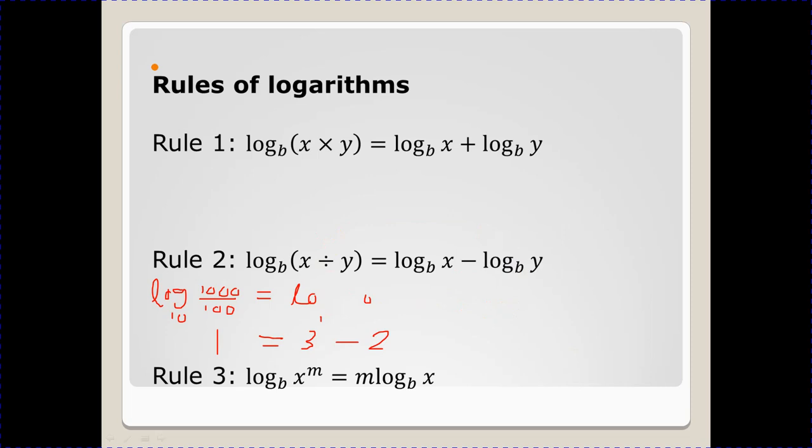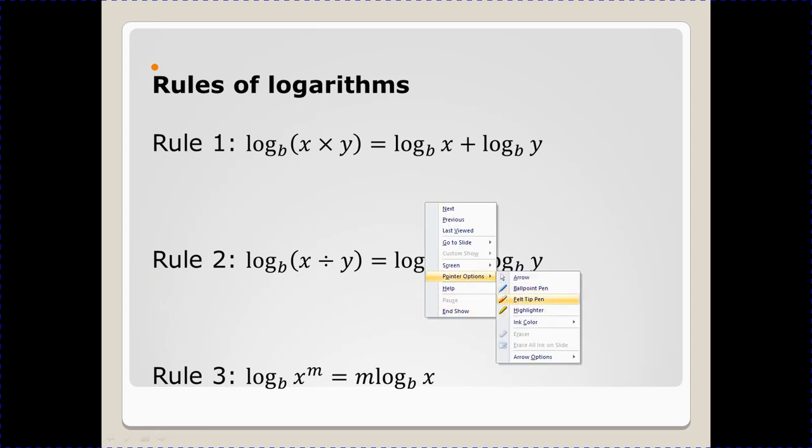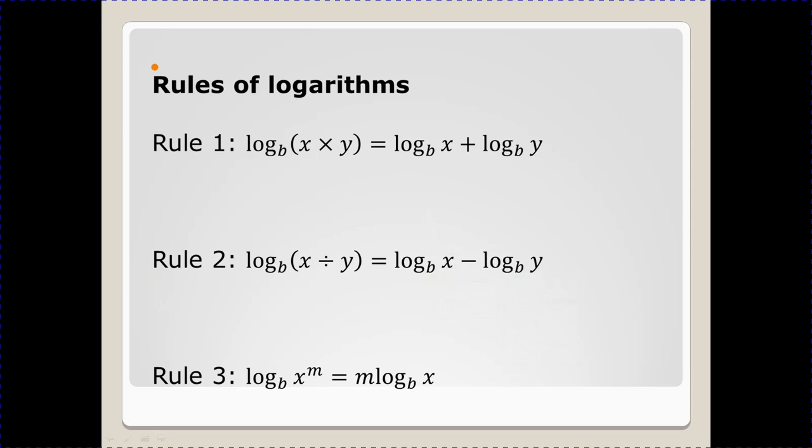Let's go back to the third one, and the third one is very important, and as you will see in the next section, we are going to use this rule many times in order to solve problems involving logarithm. Rule number 3 says that if you have log x to the power m at the base of b, then this power becomes a coefficient of the log.